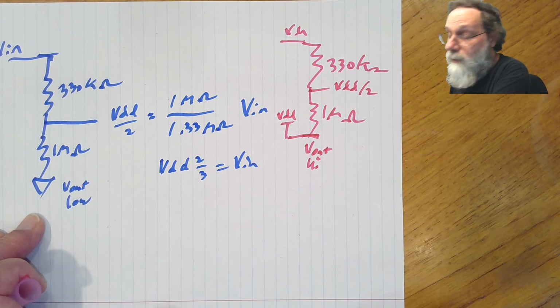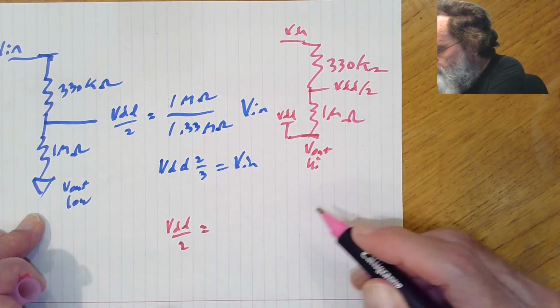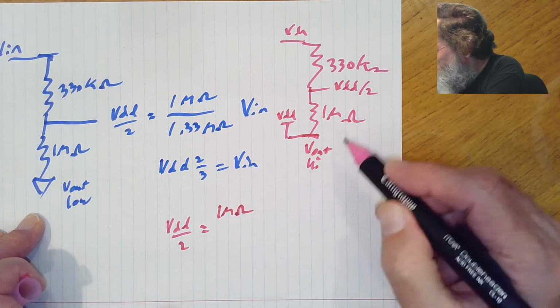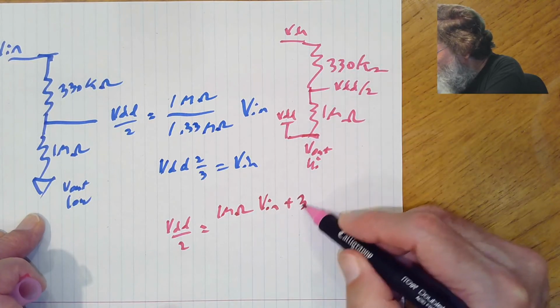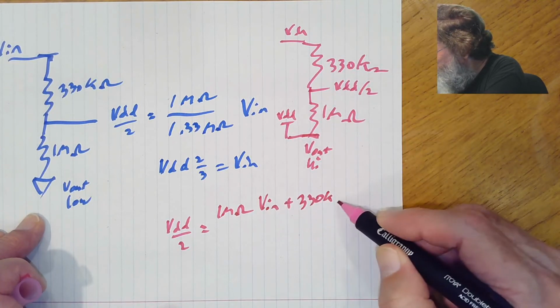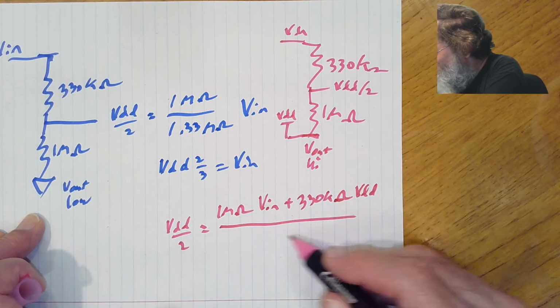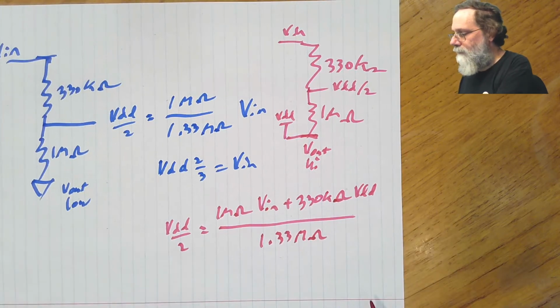And again, we can use the voltage divider equation. VDD over 2 is, now we're going to have 1 mega ohm times Vin plus 330k ohms times VDD over 1.33 mega ohms.